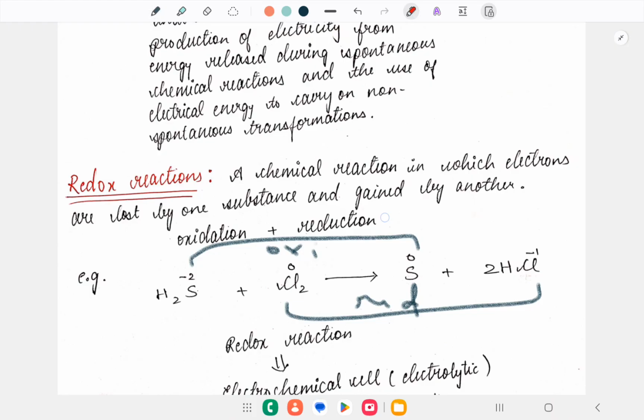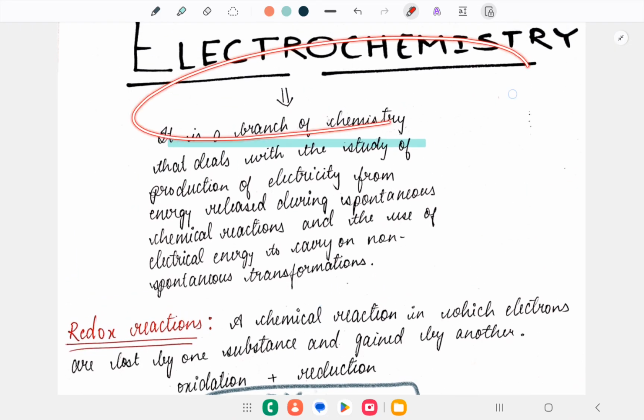So both oxidation and reduction are happening, so it is a redox reaction. In these reactions we can observe the transfer of electrons, and therefore it can be used to generate electricity. Therefore redox reactions set up the basis for electrochemical cells.